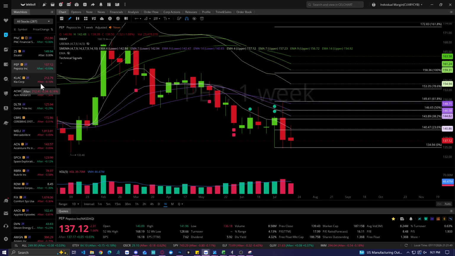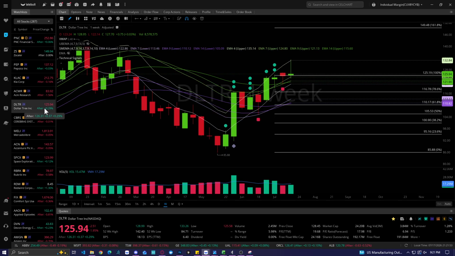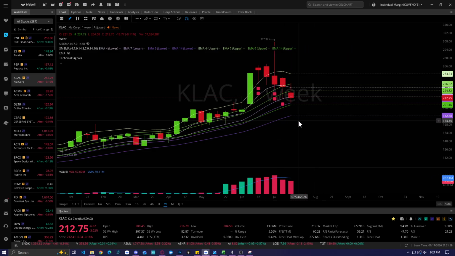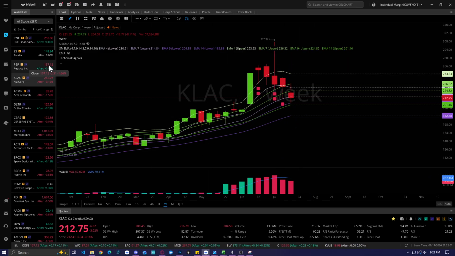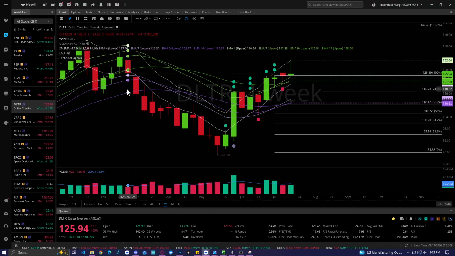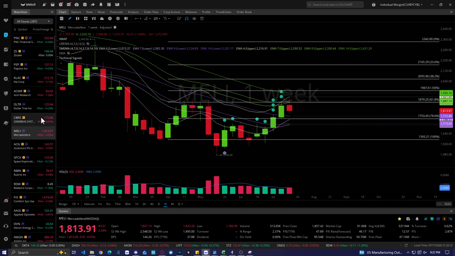I'll go through each one by one and see if there's anything that might catch my attention. But if you pay close attention, you'll see each stock, the price always touches its moving averages. It may not touch all of them, but they always touch moving averages. And that's just a testament to these EMAs I have set up here, the 4, 9 and 14. That's why I love it like this.